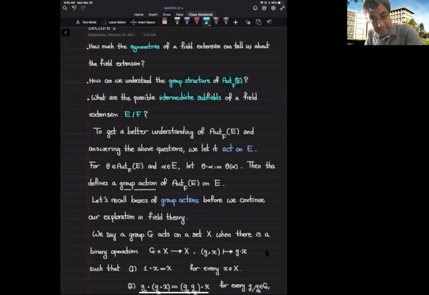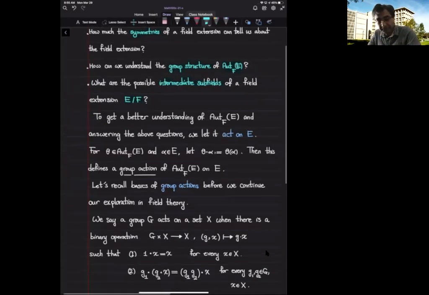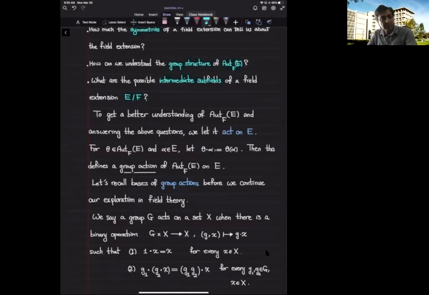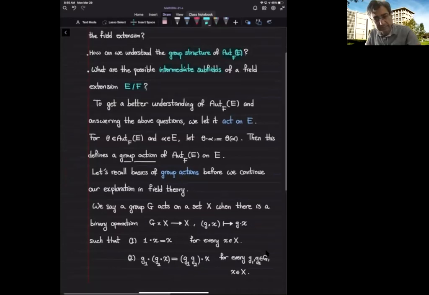And to that end, we start with the group of symmetries, the F automorphisms of E. So going back to group theory, a general comment is that the best way of understanding a group is letting it act. I often say that you cannot understand a person at all if you don't look at the action of that person. The same is true for groups.